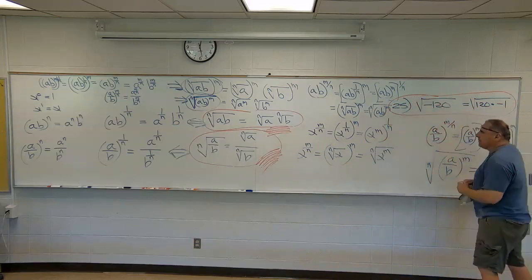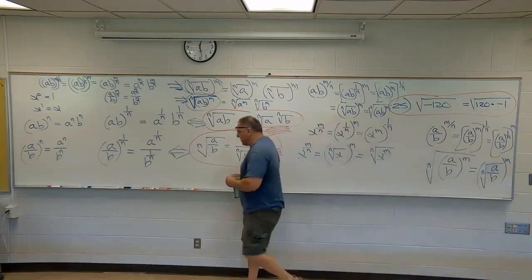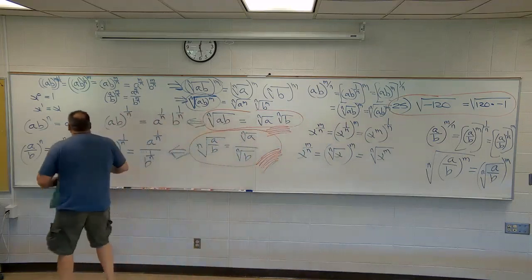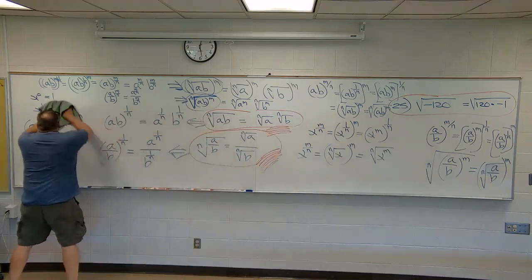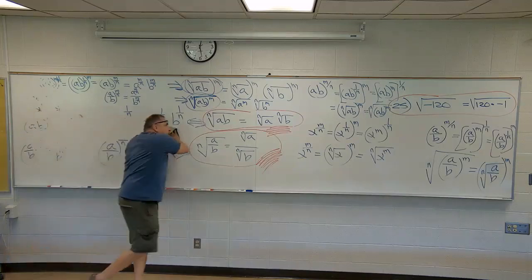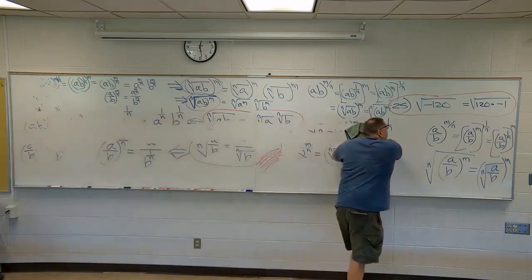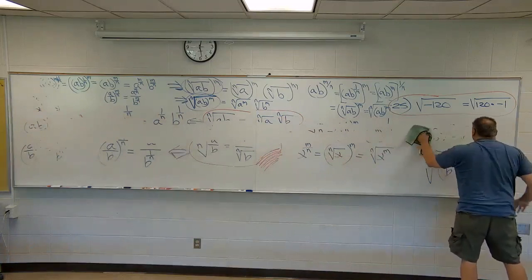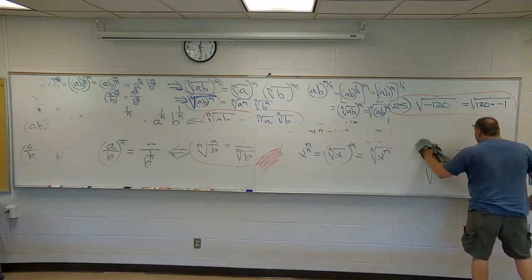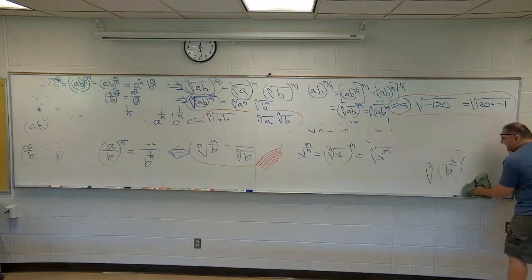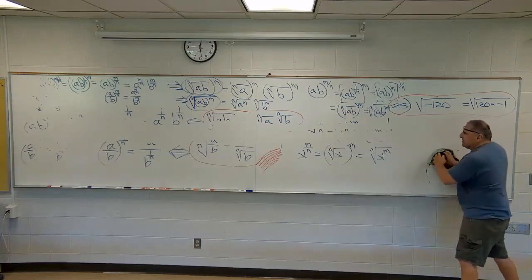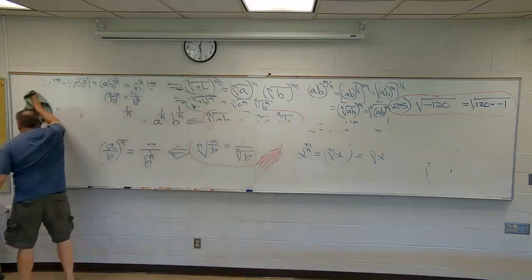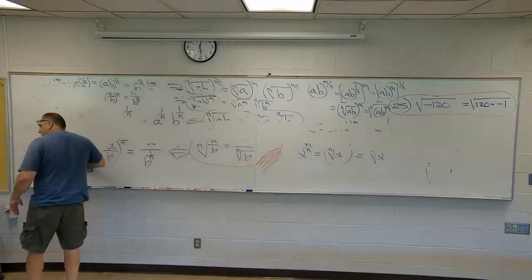Let me erase this and let's come back to it a little bit and see what we can say. Again, algebra, what's it about a lot of times? Do the same thing on each side. Do it with mathematical consistency and mathematical rigor. Should be okay. You can do a lot.